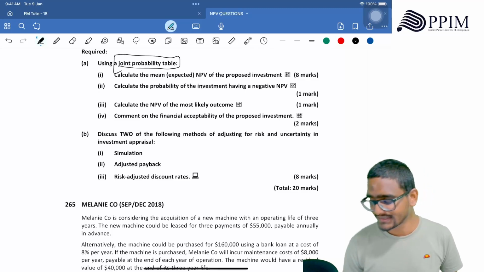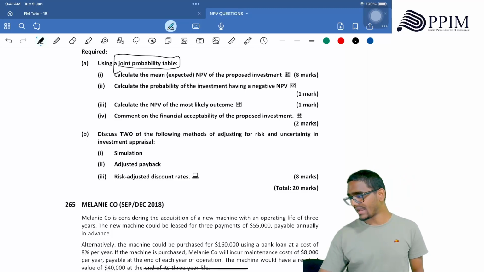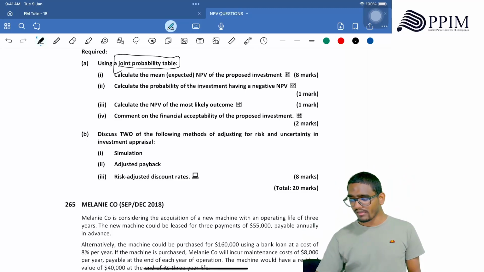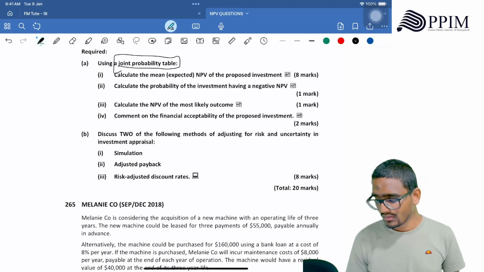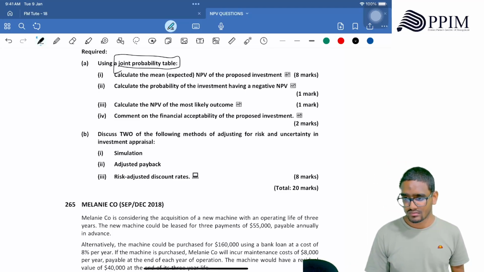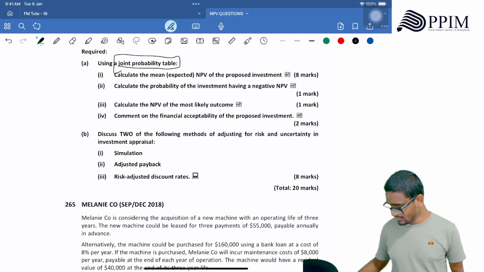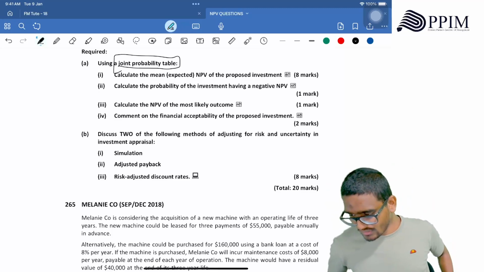The risk of the project can be determined through the standard deviations.